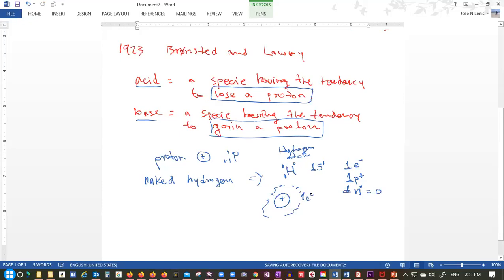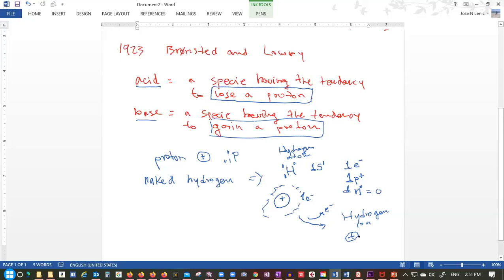What is naked hydrogen? A naked hydrogen is a hydrogen atom that loses the electron. When the atom loses the electron, it becomes a different species called a hydrogen ion, which is the nucleus and no electrons.